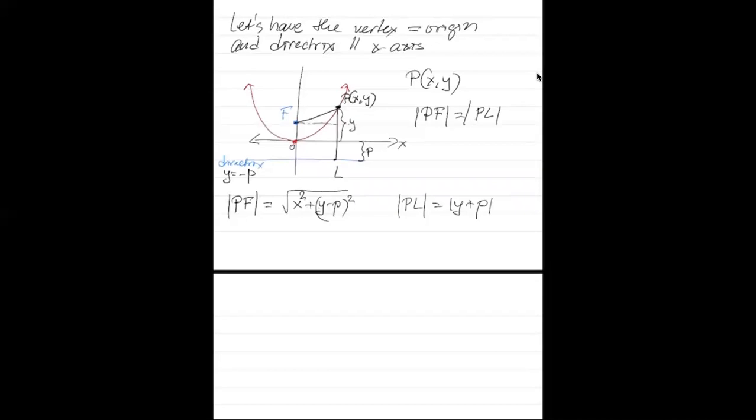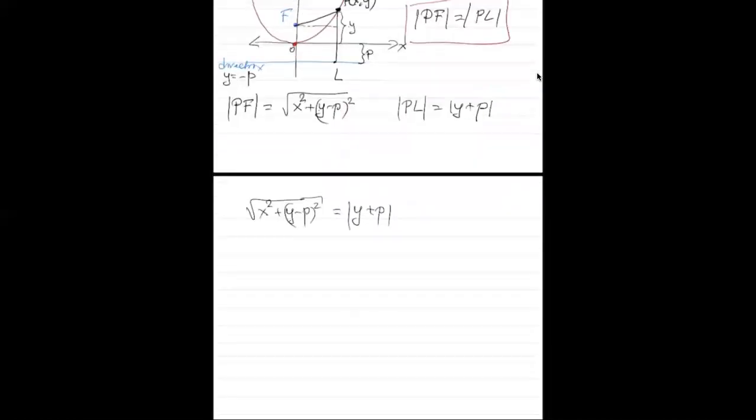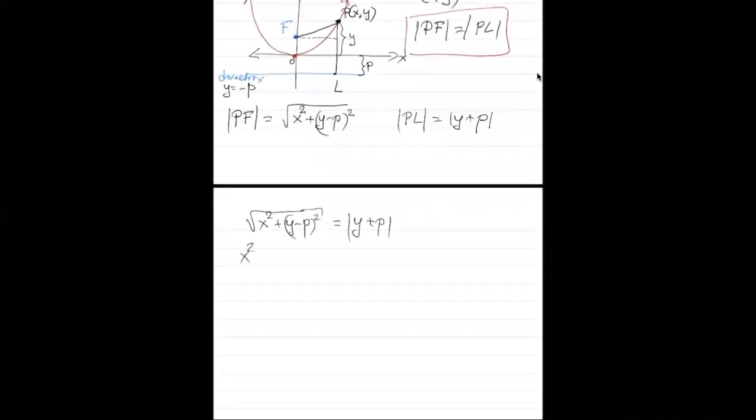Okay, so let's substitute these in PF equals PL, and we'll have the square root of x squared plus (y minus p) squared equals y plus p. We're going to square both sides: x squared plus (y minus p) squared equals (y plus p) squared.